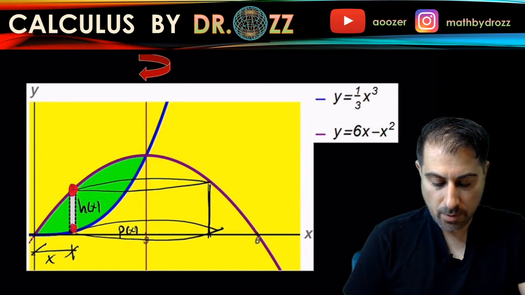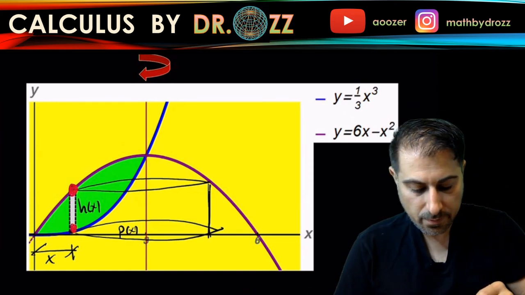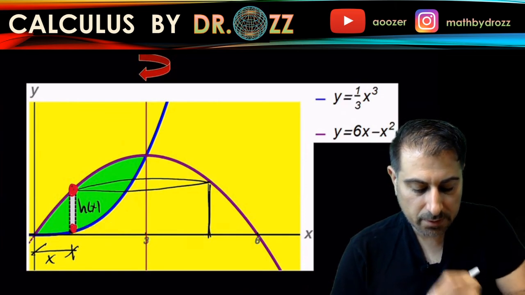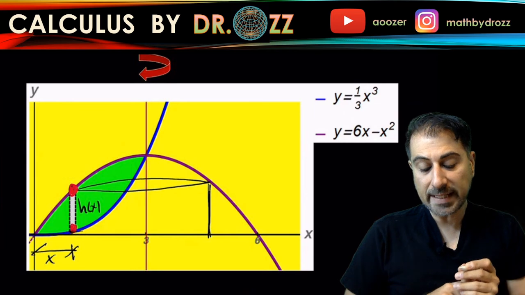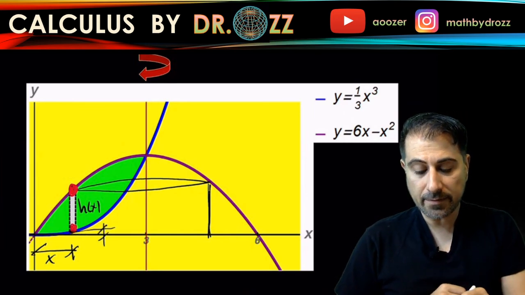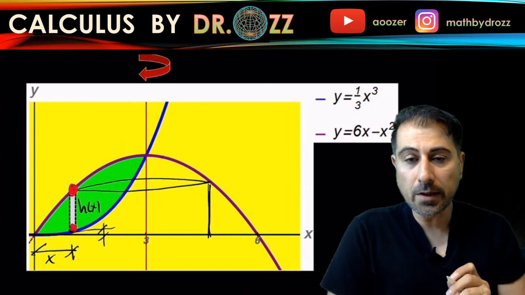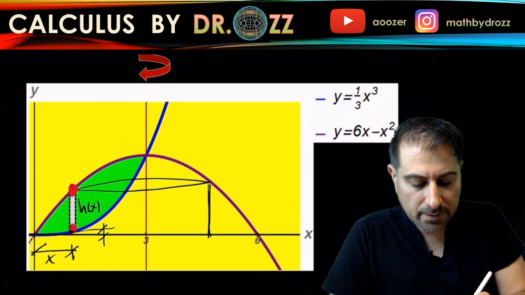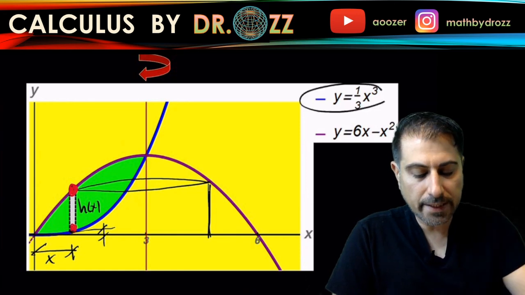All right, let me just clean this part to make some space here. So this distance is the distance between the x-axis and the blue curve, corresponding to that very first dot, which is the bottom part of the slice. And that's ruled by the blue curve, so that distance is going to be 1/3 x cubed.